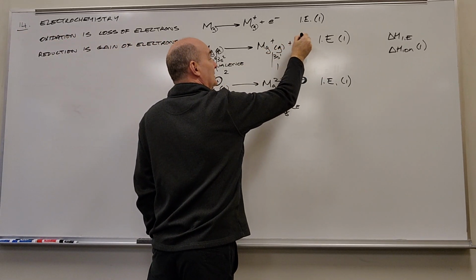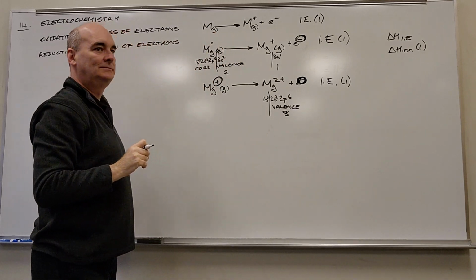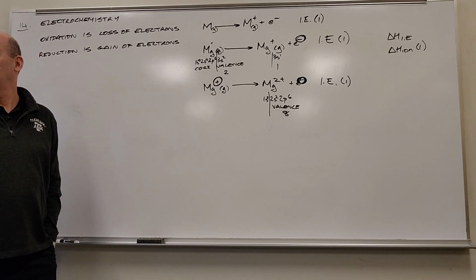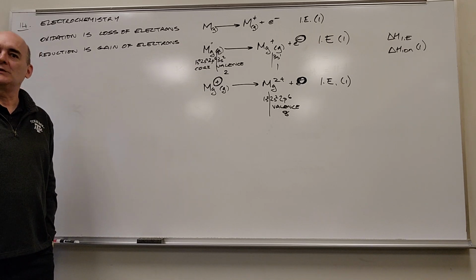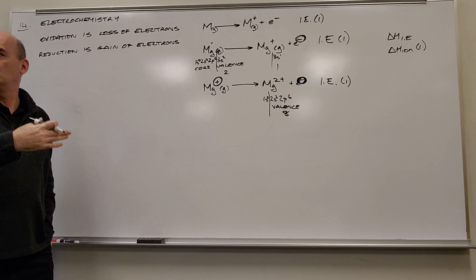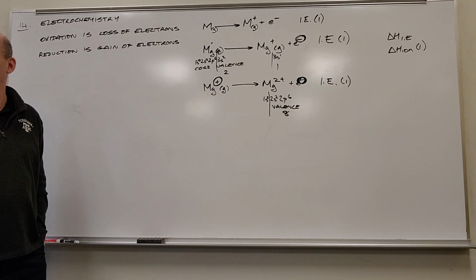This is attracted to an oxidation state of 0. First one is always easier. Even though the second one is required, the second one is going to be harder, has to be harder.